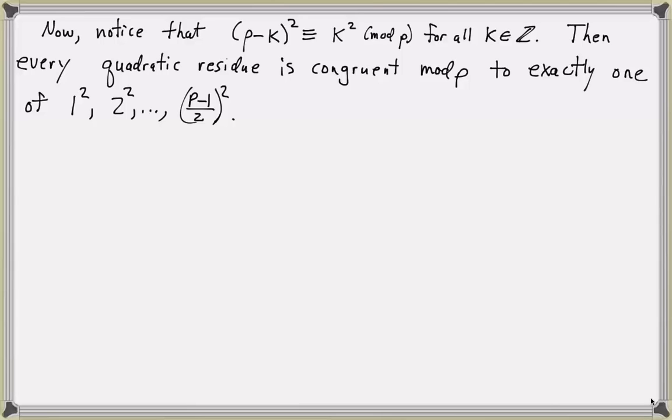We showed that these are all distinct mod p, and every quadratic residue must be congruent to one of them, so it has to be congruent to exactly one of these numbers.